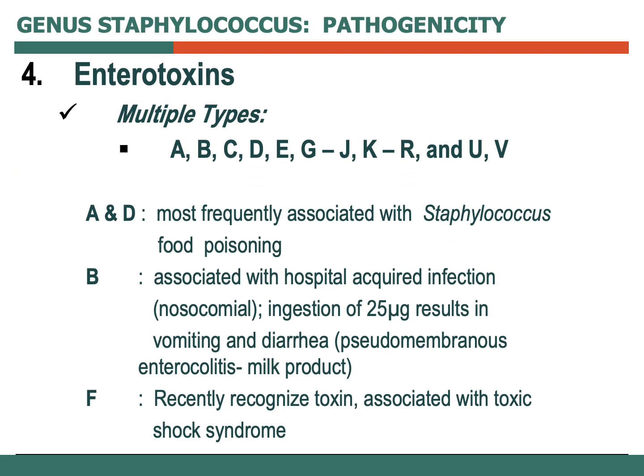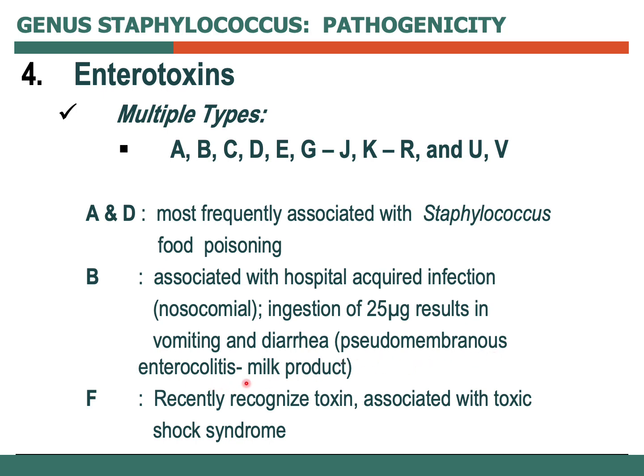We have different types of enterotoxin. So you have A, B, C, D, E, G, J, K, R, U, and V. Types A and D are the most frequently associated with Staphylococcus food poisoning. Okay, while your type B is associated with hospital-acquired infection, and ingestion of 25 micrograms results in vomiting and diarrhea, causing pseudomembranous enterocolitis.